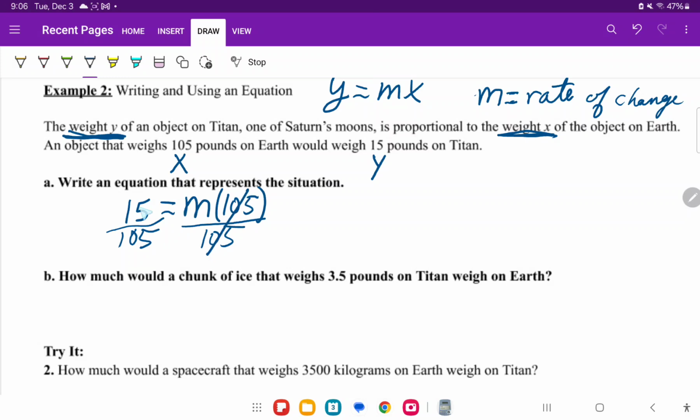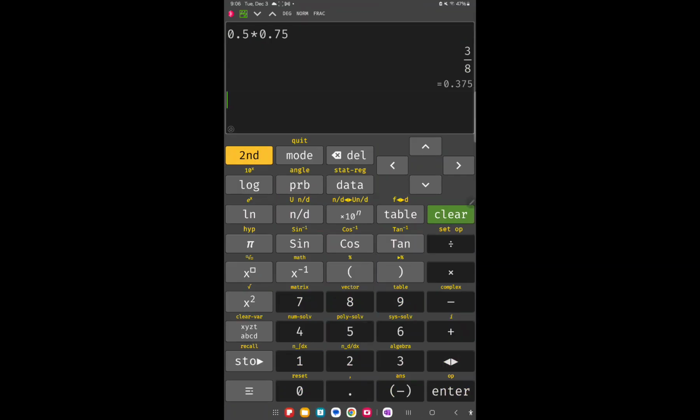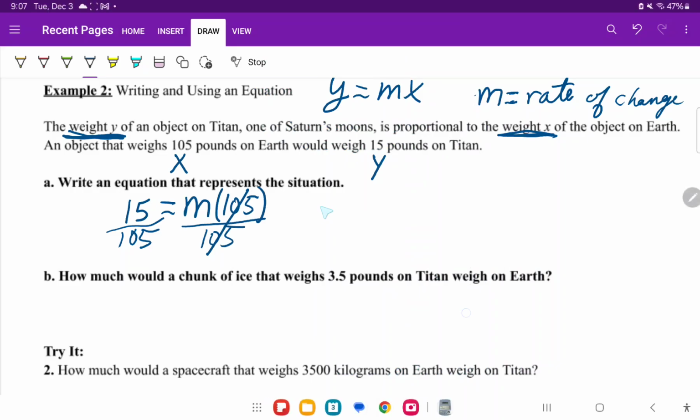All right, so what happens when you put 15 over 105 in your calculator? Big, long number. Change it to a fraction. We want it as a fraction, so that's 1/7. In other words, m equals 1/7.